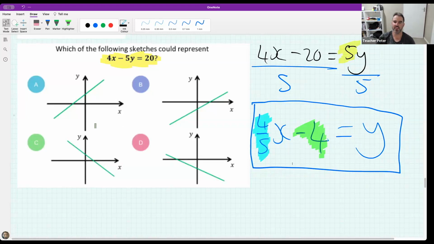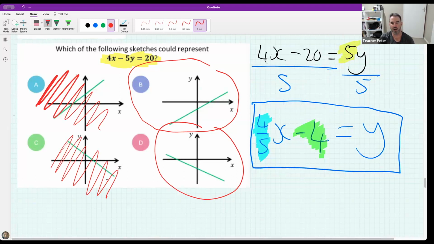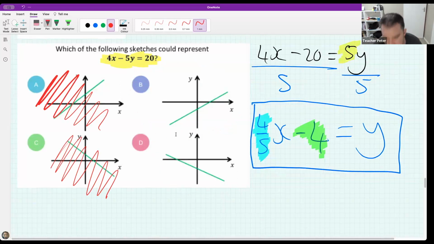So the thing that stands out for me automatically is that the y-intercept is negative. And so it either has to be this one or it has to be that one. It can't be this one because both of these have positive y-intercepts. So I have to decide between B and D.